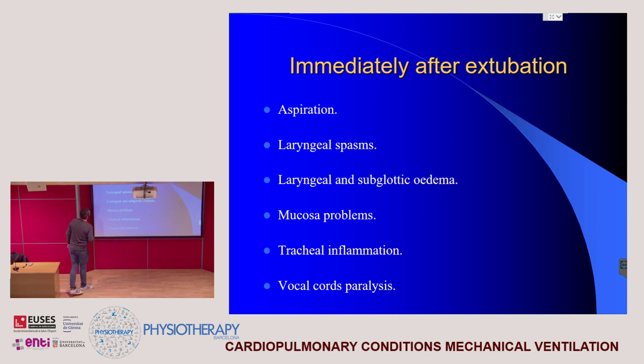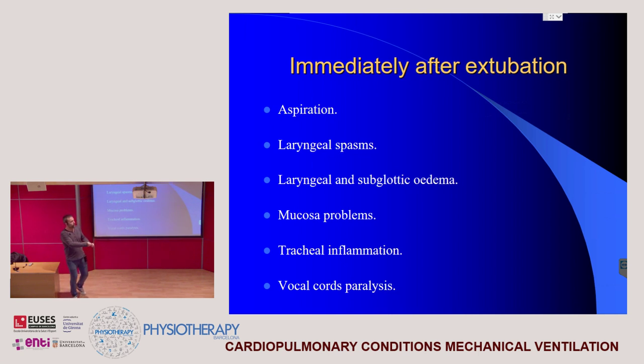But probably the most typical ones are the problems related to inflammation. Let's say here laryngeal spasms, laryngeal and subglottic edema, mucosa problems, and tracheal inflammation. Less normal, let's say those three are very typical, and also vocal cord paralysis or vocal cord injuries.